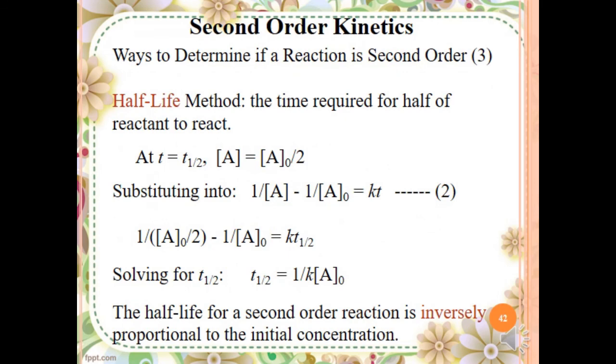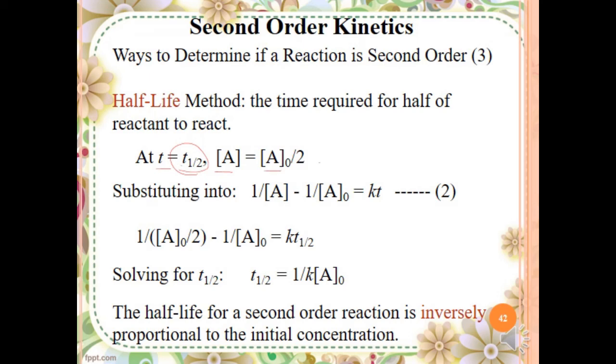Now the second approach is the half-life method, similarly to zero order and first order. We substitute t with half-life t half, and A at time t half becomes A naught divided by 2.